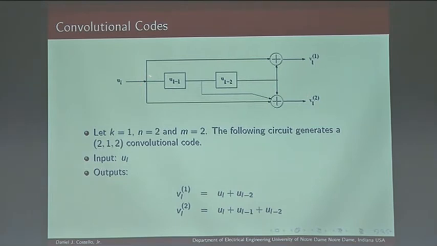This output is the sum of the input bit and the one from 2 time units in the past. And this output is the sum of the input bit plus the previous one plus the one 2 time units in the past. So this is a rate 1/2 convolutional encoder, because there's 1 input bit and 2 output bits at each time.